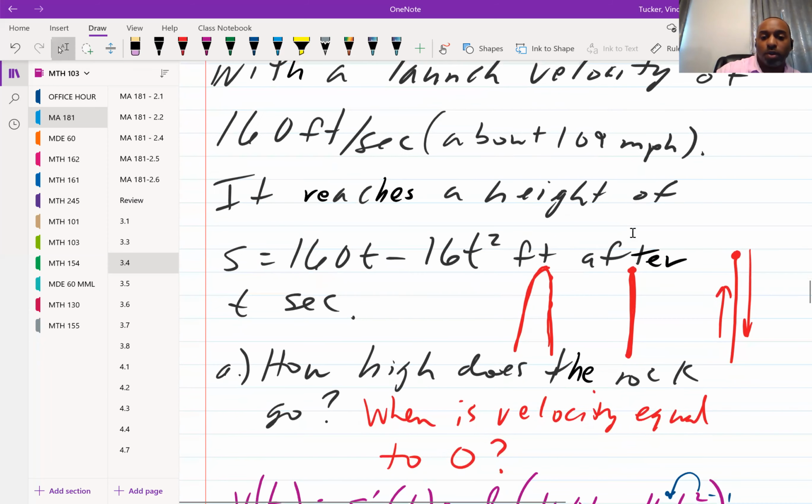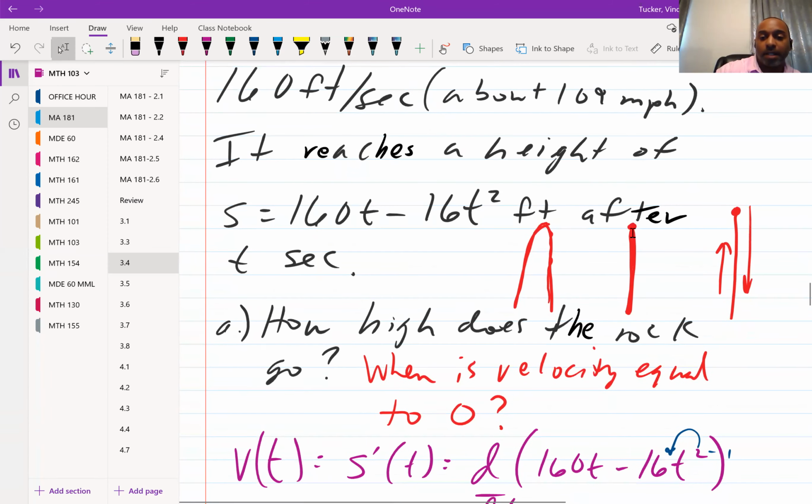So basically you want to know, when is your velocity equal to 0? It's going to come up to a point where it stops. And at that moment up in the air, before it comes down, that's the highest it goes. And at that point, the speed or velocity is 0. All right.